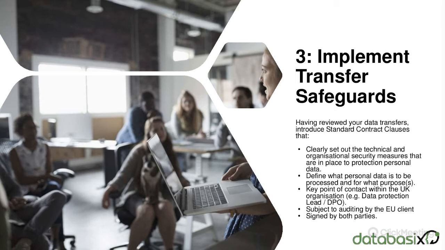So you've mapped your data. So you know the flow of data into and out of your company. Now you need to be thinking about the necessary safeguards that you're going to put in place in contract clauses to be able to put your hand up and say this is good.